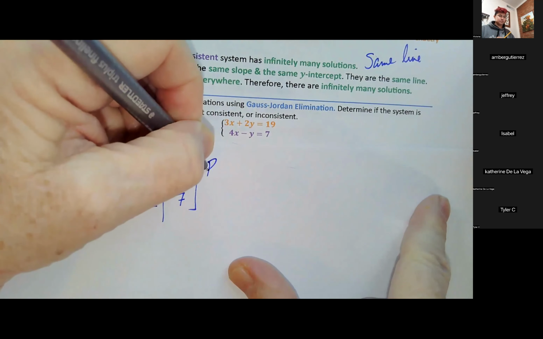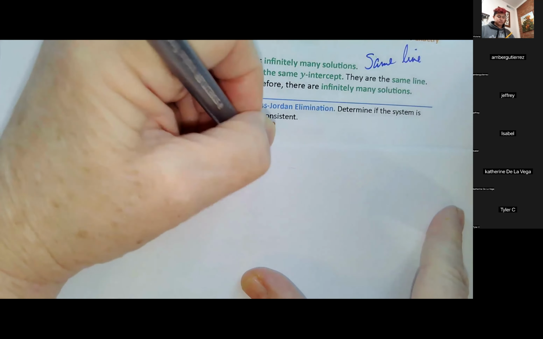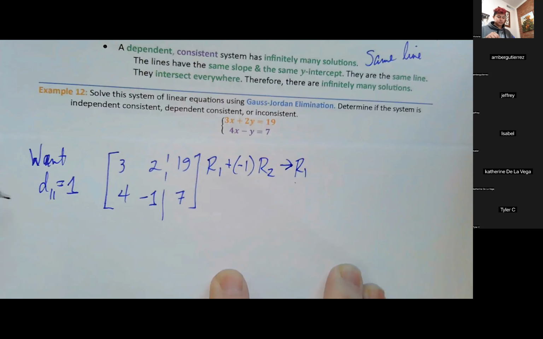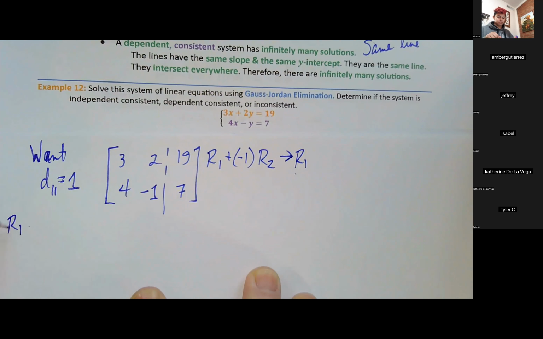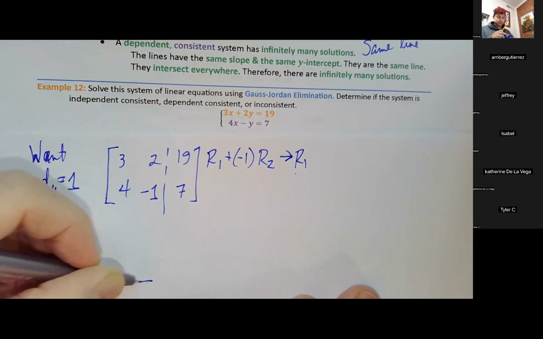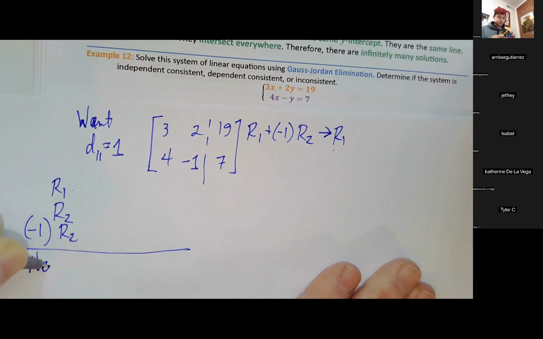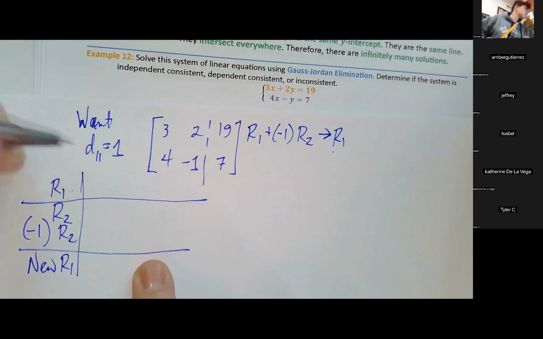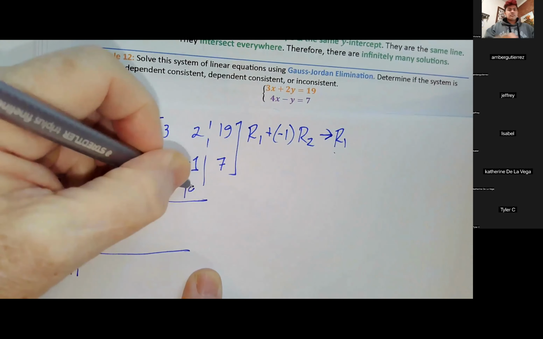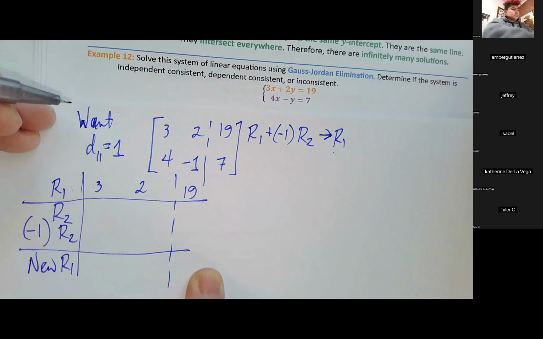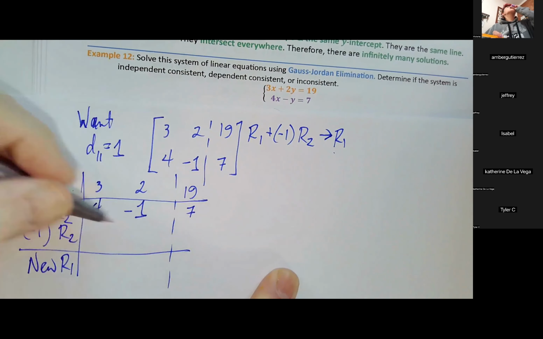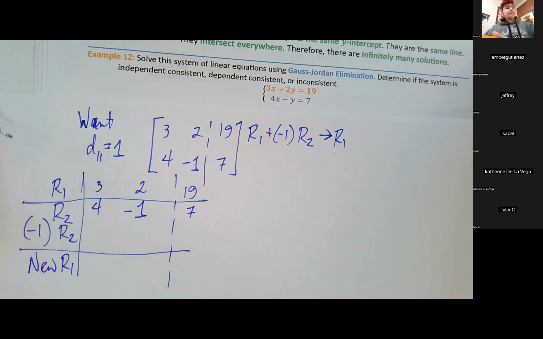So we've got row 1 plus negative row 2 to get a new row 1. So we've got row 1, row 2, negative row 2, and the new row 1. Row 1 is 3, 2, 19. Row 2 is 4, -1, 7. -1 times row 2 is what?